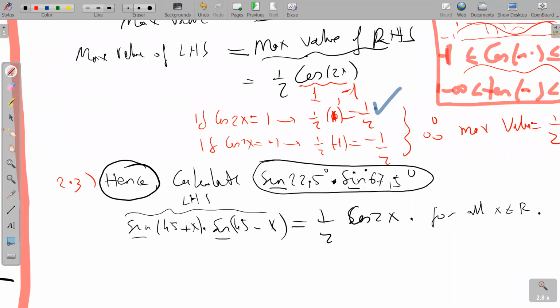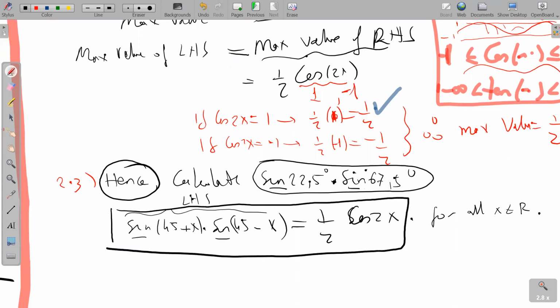So if you choose the available x value and substitute in the question here, you can get sine 22.5 times sine 67.5. So which x value gets this question part? It is an idea of which one we must substitute for x in the question.